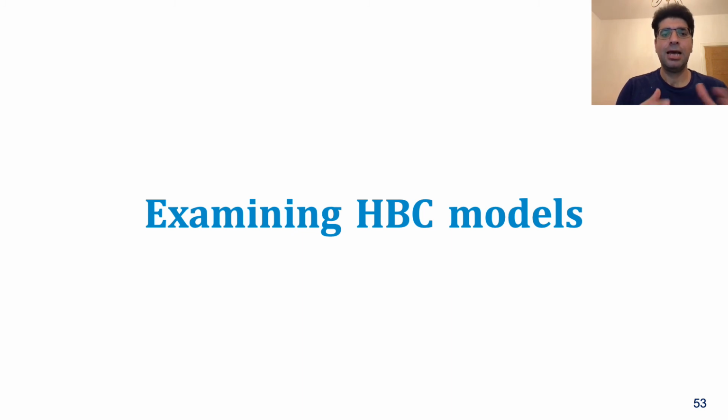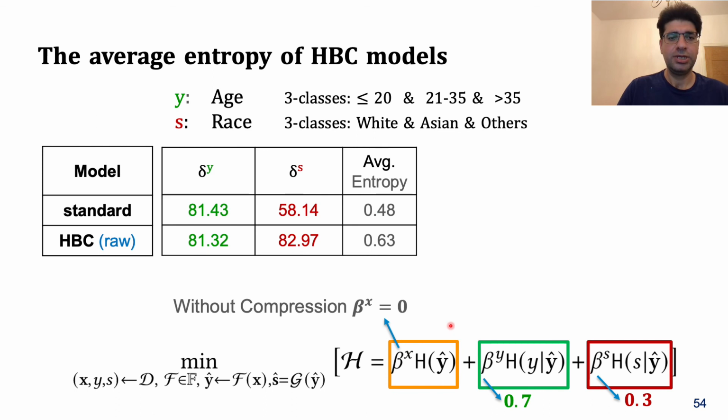Now let's examine the behavior of HPC models. Let's look at this compression component. When we put the multiplier equal to 0, meaning that we don't compress the output, the average entropy of an HPC classifier tends to have a higher value than the average entropy of a standard classifier.